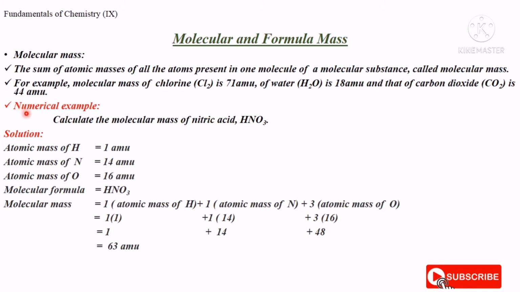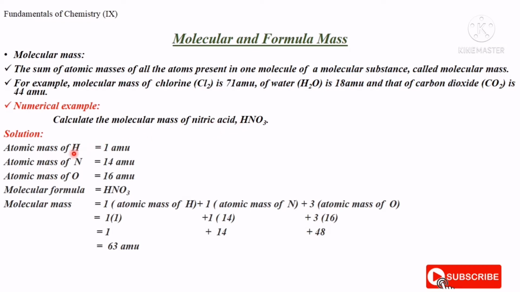Now we have a numerical example: calculate the molecular mass of nitric acid, HNO3. As we see here, in nitric acid there is one atom of hydrogen, one atom of nitrogen and 3 atoms of oxygen.